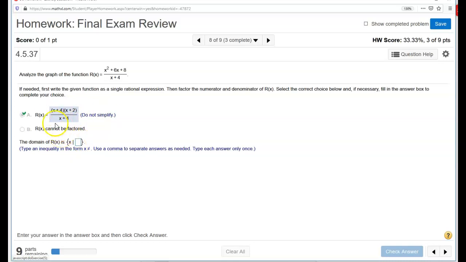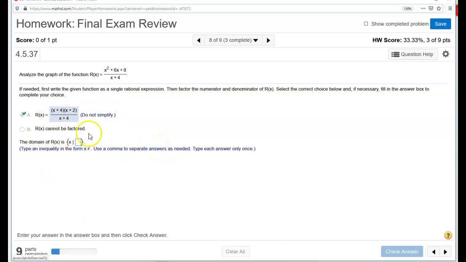In this case, remember, for the domain, it's all the x values we can put into this function while it's still defined and in real numbers. So when we have a fraction like this, the only thing we can't have in there is some x value that's going to make our denominator equal to 0, because we can't have a denominator equal to 0.